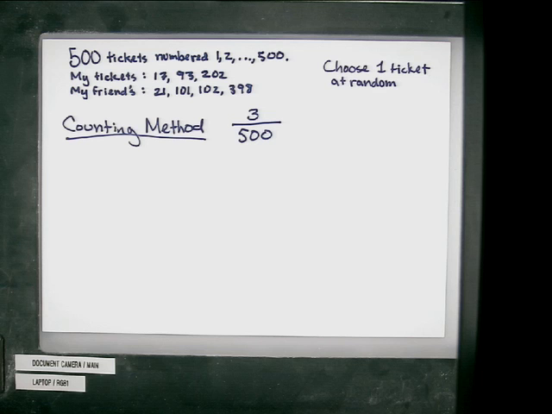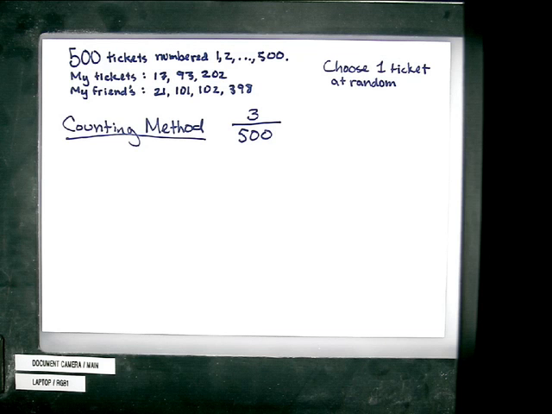If you're used to the mutually exclusive rule, I could win if number 17 is drawn, or number 93 is drawn, or number 202 is drawn. So we could use that way of solving it. Maybe that's easier for you to see.